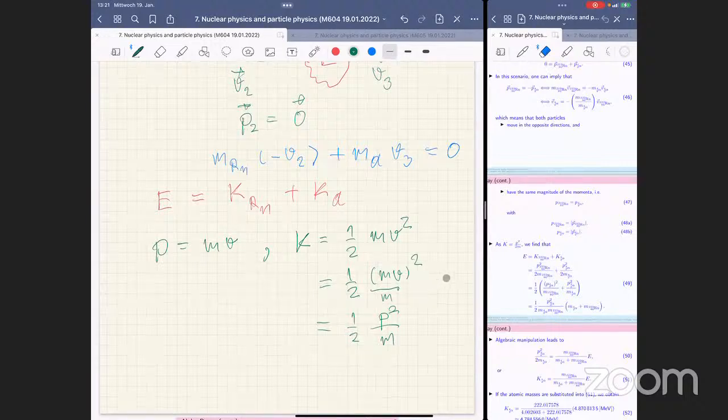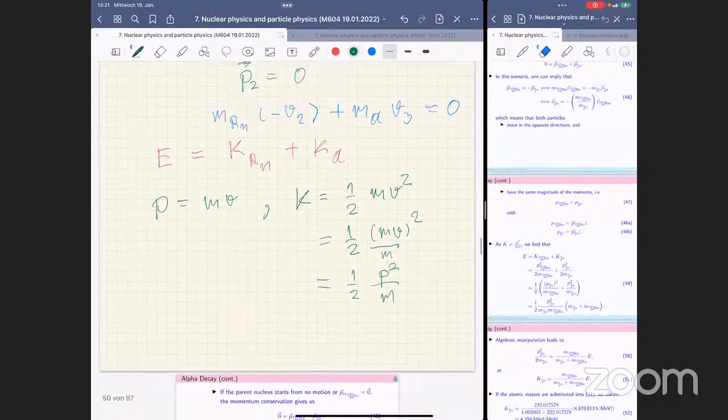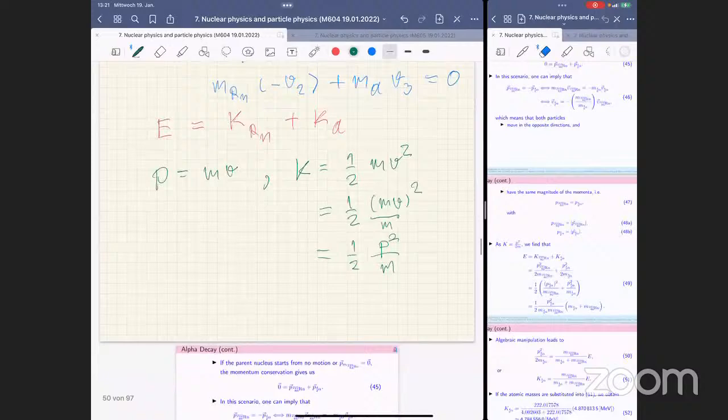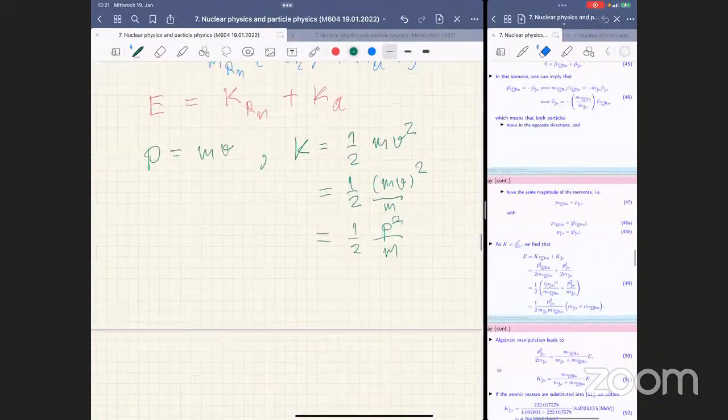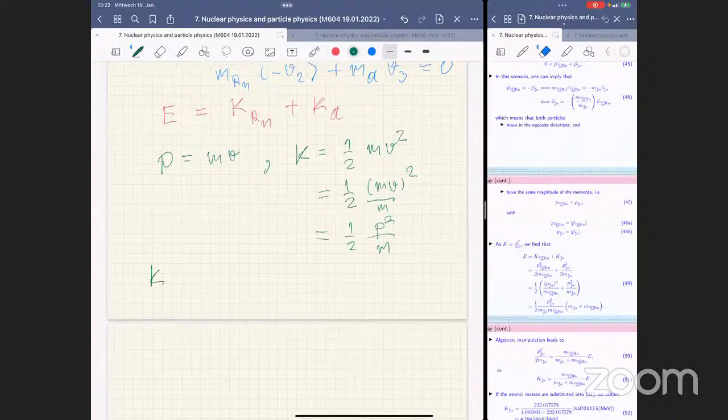The next thing is that we will go ahead with the value for the kinetic energy of alpha. The total kinetic energy will be the kinetic energy of alpha plus the kinetic energy of radon. If we go into the detail, K of radon will be 1/2 the momentum of radon squared divided by the mass of the radon.